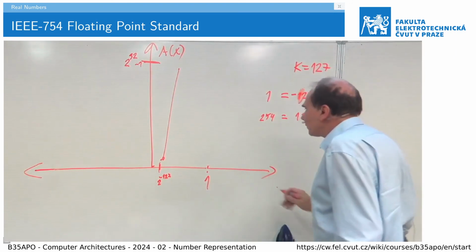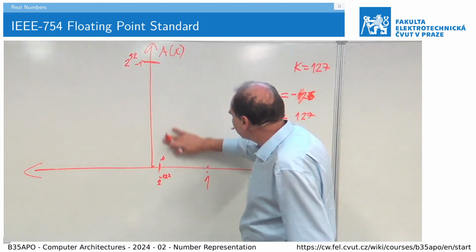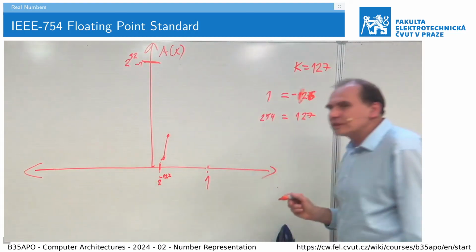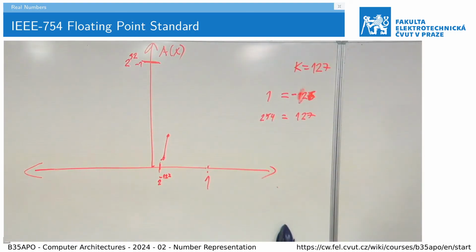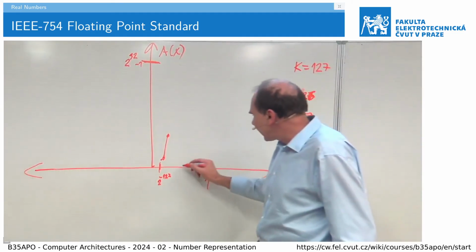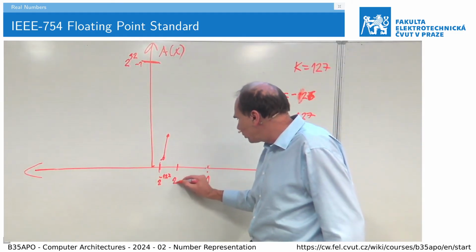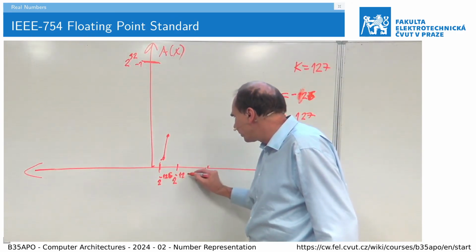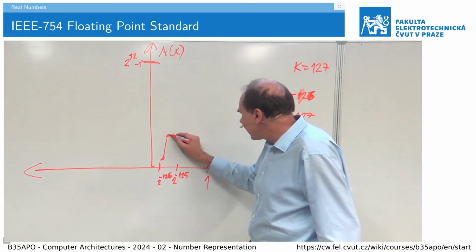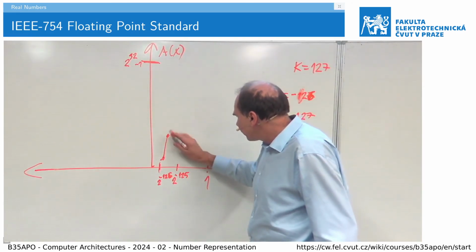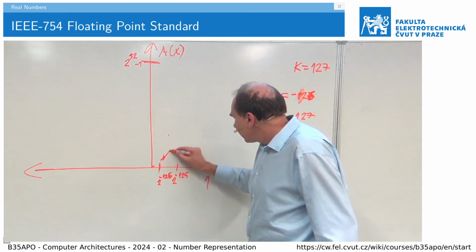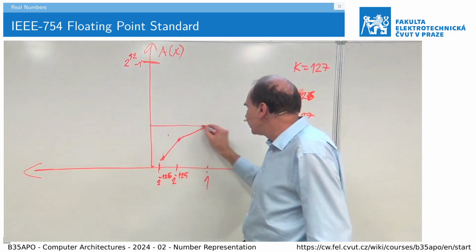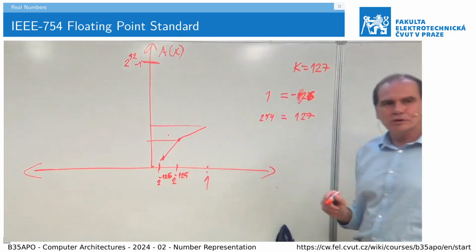So in fact, we want to use only part of the representation, and then lower the absolute resolution. So we want to encode the remaining values, which start at 2 power minus 125, and for those numbers we want to lower the amount of codes which we use from the available code space.